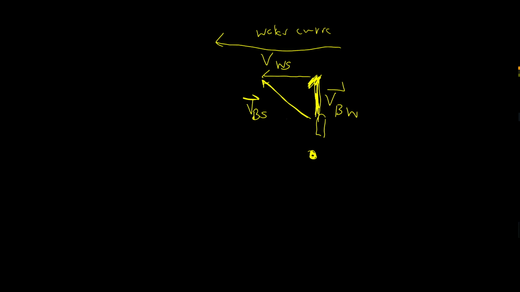And so what we can say is the velocity vector of the boat relative to the shore is equal to the velocity of the boat relative to the water plus the velocity of the water relative to the shore. My vector addition: I added the two legs to get my resultant.